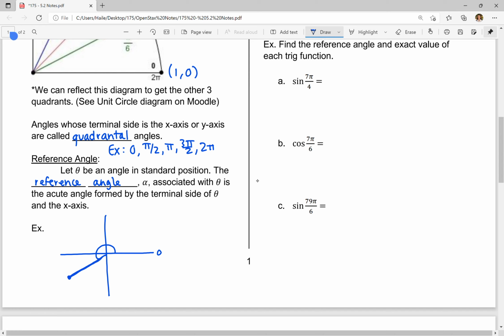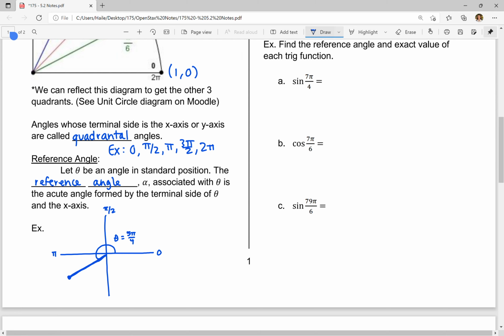Maybe we say that theta is equal to 5 pi over 4. If this is pi over 2 and this is pi, and in this example we're just counting by pi over 4s, then if we end up in this quadrant, this would be 5 pi over 4. Okay, so that's our angle theta.